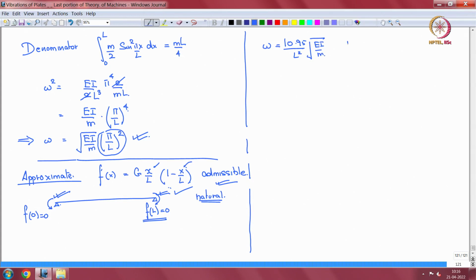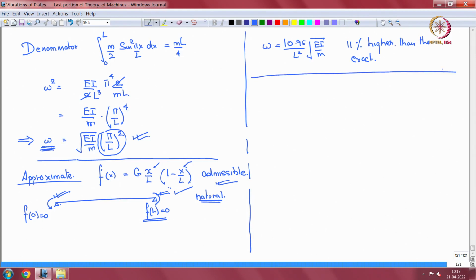So, it is about 11% higher than the exact. Next, you can see that the fundamental is a lower bound, forms a lower limit, everything else will be above that number.